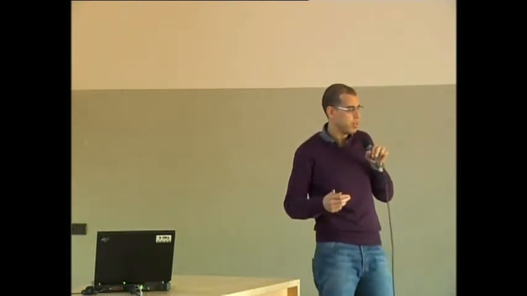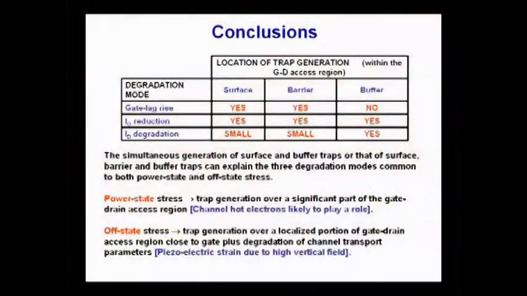Moreover, from the GM curves, we can say that power stress is consistent with a damaged region which tends to expand toward the drain, while off-state stress is consistent with the generation of a small damaged region close to the gate, plus degradation of transport parameters in the channel.